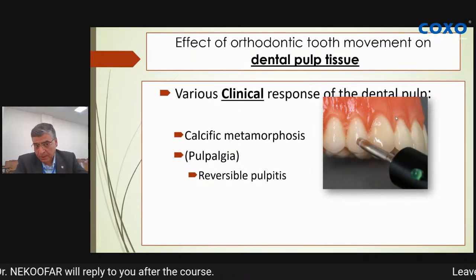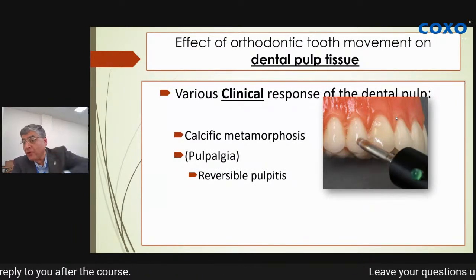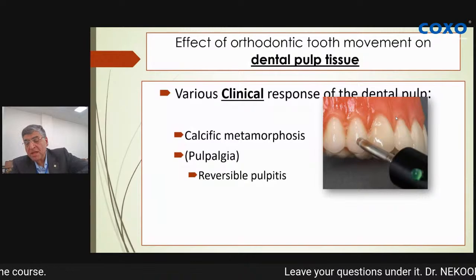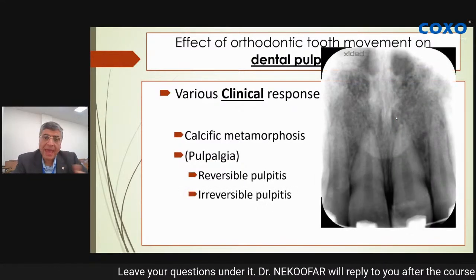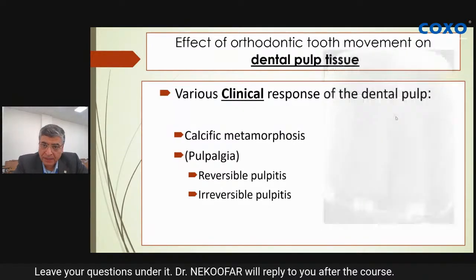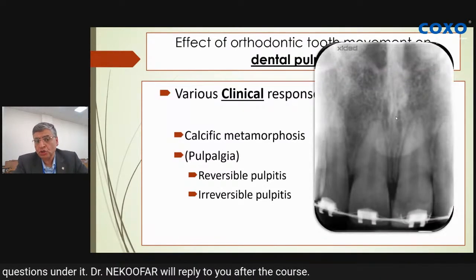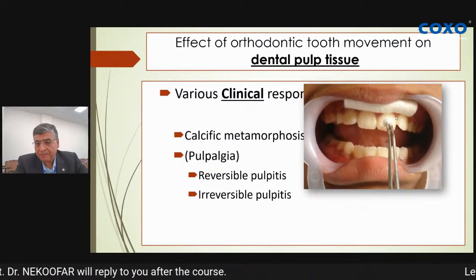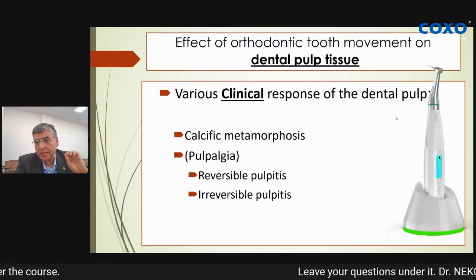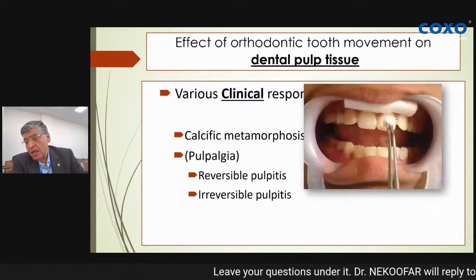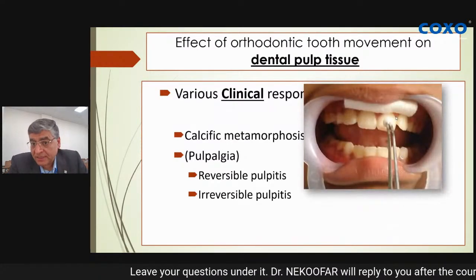However, when we have pulpalgia, we need to know that it can be reversible pulpitis, so we need to evaluate the pulp status very well. And it can be irreversible pulpitis, for which root canal treatment is necessary. Therefore, treatment planning and diagnosis using the diagnostic system is necessary.